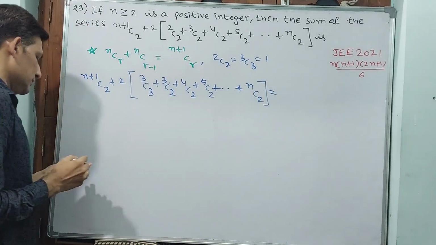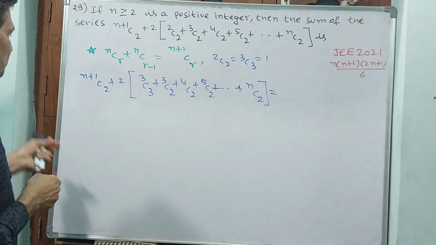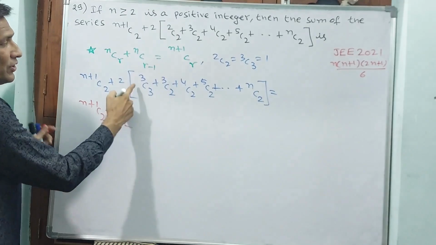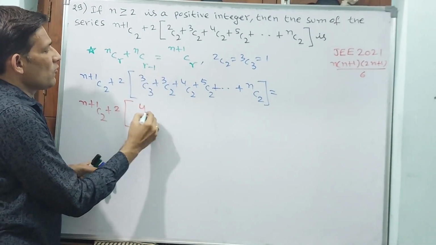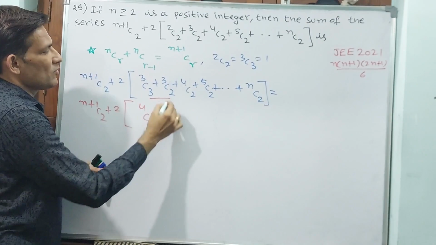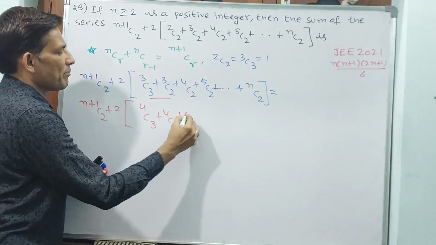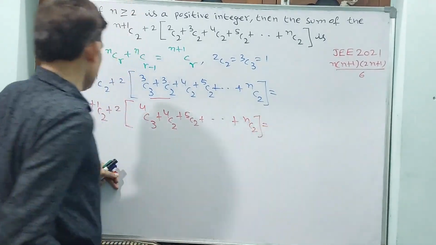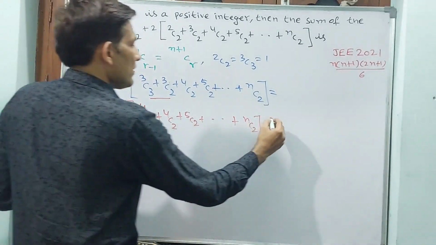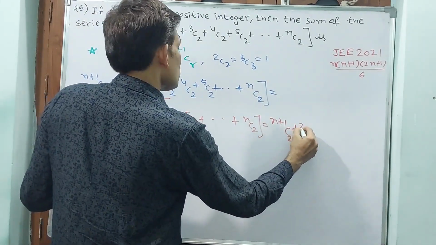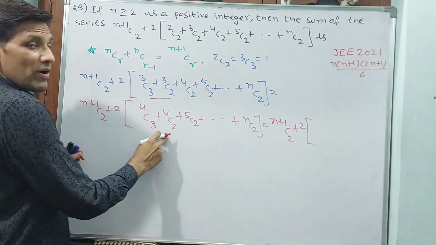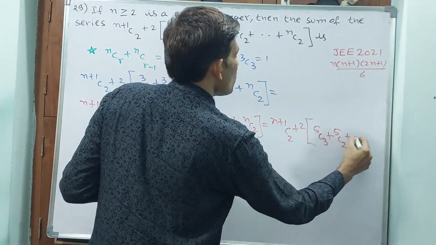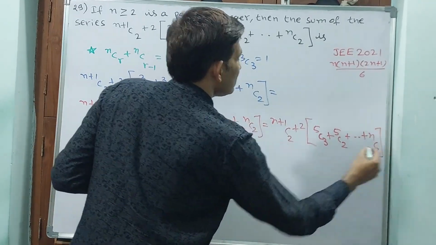This is equal to (n+1)C2 plus 2 times 4C3, these two over. Now 4C2 plus 5C2 plus nC2, that is equal to (n+1)C2 plus 2 times 5C3 plus 5C2 plus nC2.